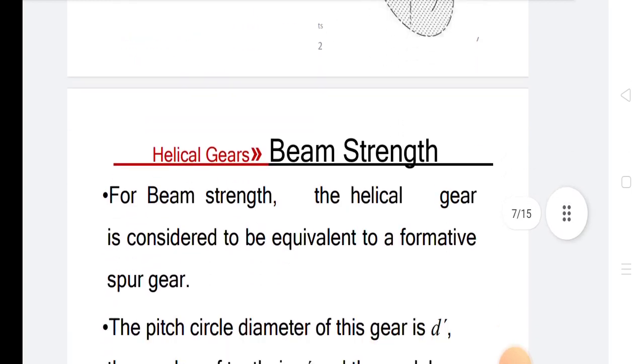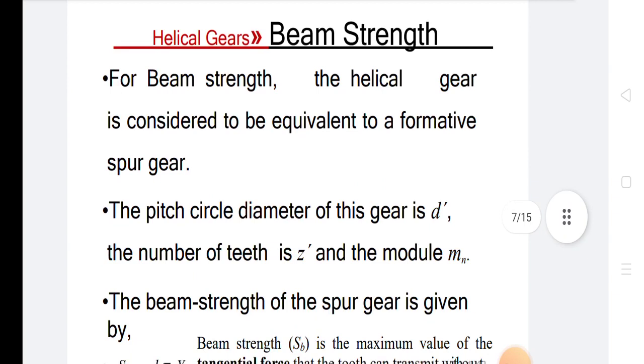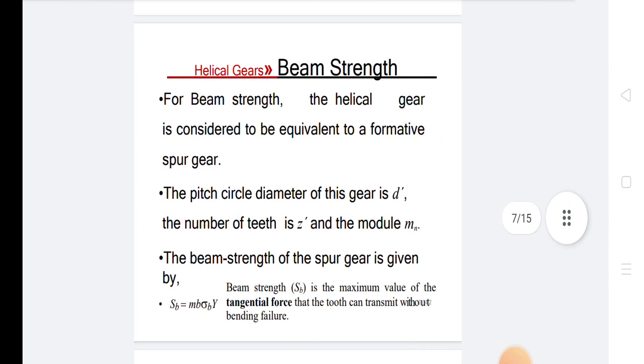Now today we discuss a very important topic, beam strength. Beam strength of helical gear is a very important topic. Helical gear is equivalent to an imaginary spur gear, that is virtual spur gear, in a plane perpendicular to the tooth element.